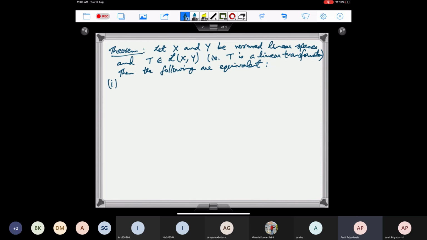First, T is continuous. Second, T is continuous at 0.